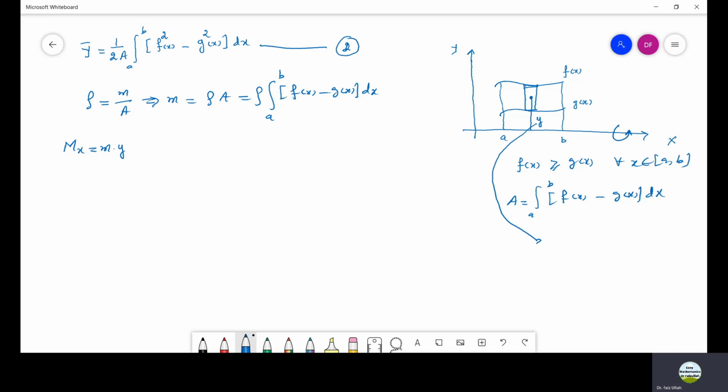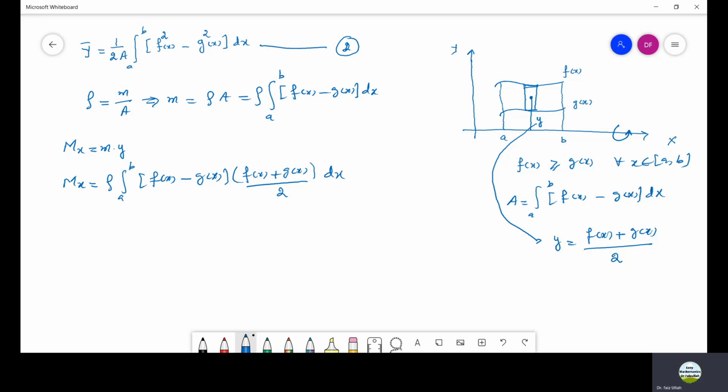Then we can obtain that y is equal to f of x plus g of x divided by 2. So let us use these values. We have Mx is equal to m, which is rho times the integration from a to b of f of x minus g of x, and for y, the value of y is f of x plus g of x divided by 2.